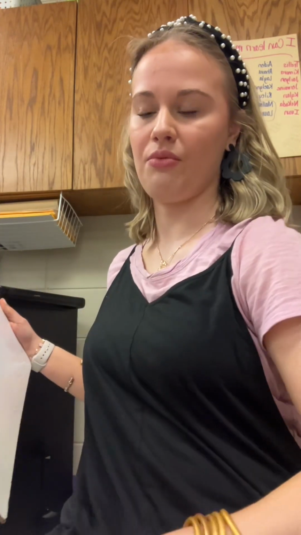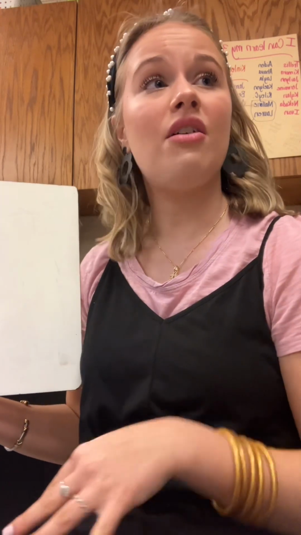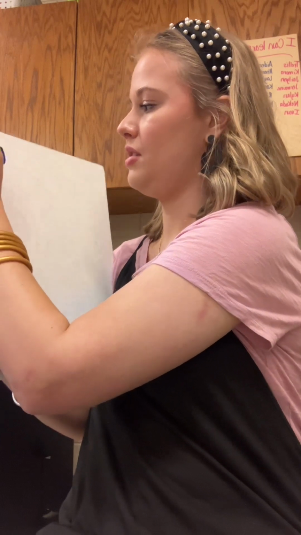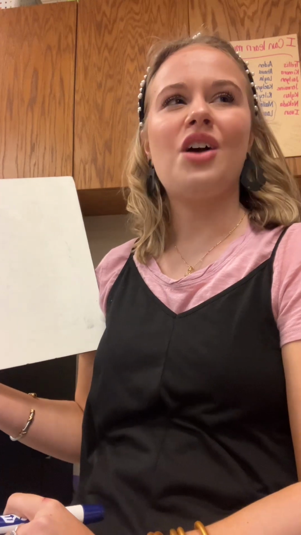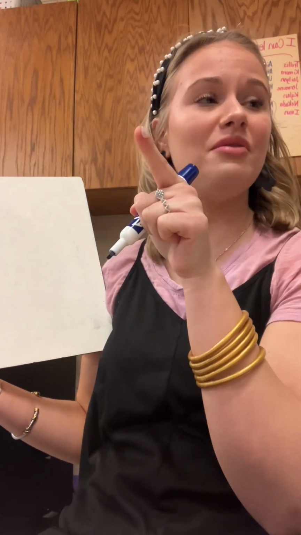Okay, so before we get into fractions, I'm going to show you how we can decompose a larger whole number into smaller whole numbers. So we're going to use 4. So 4 is going to go at the top of our number bond. So what's the smallest whole number that we can have? 1's the smallest whole number.